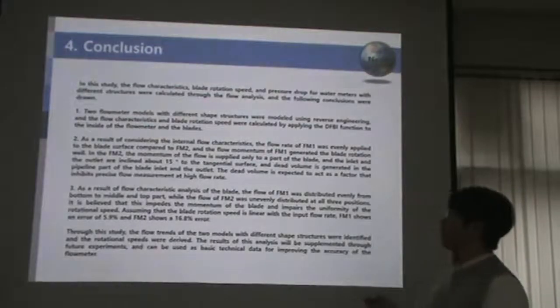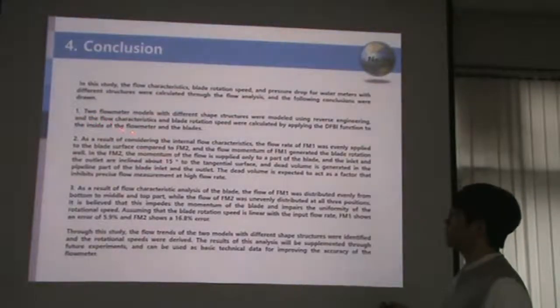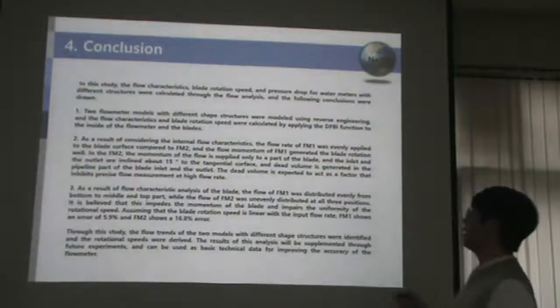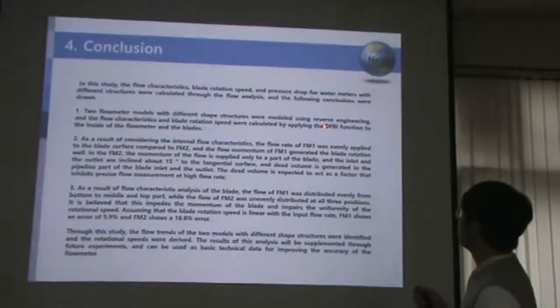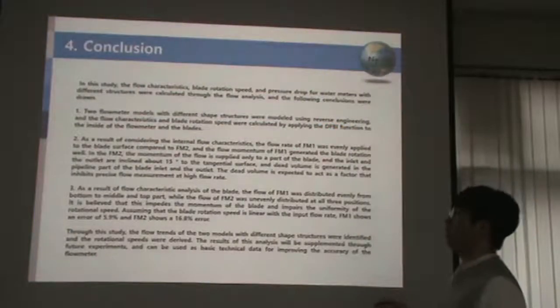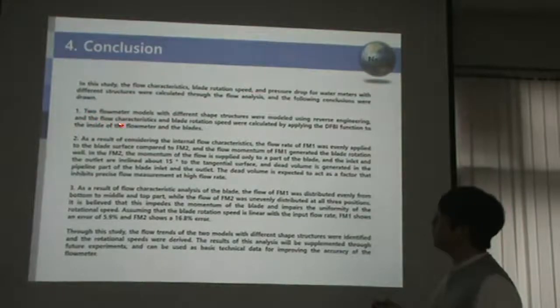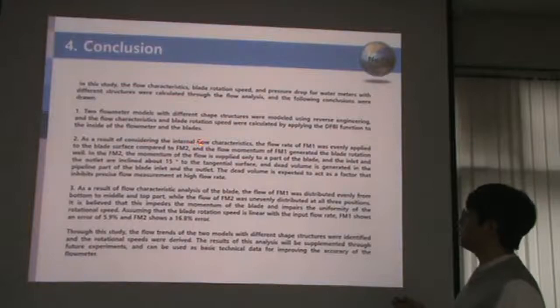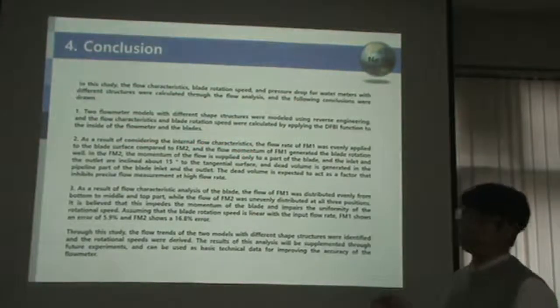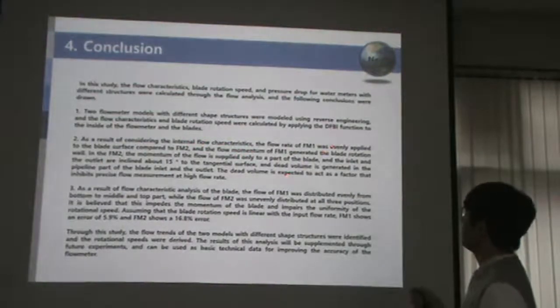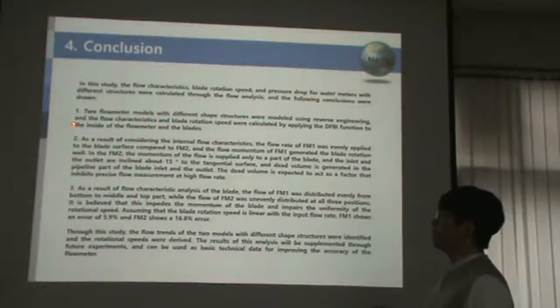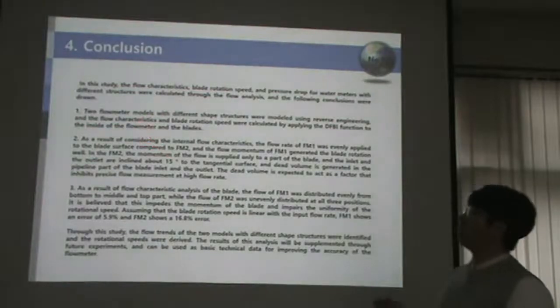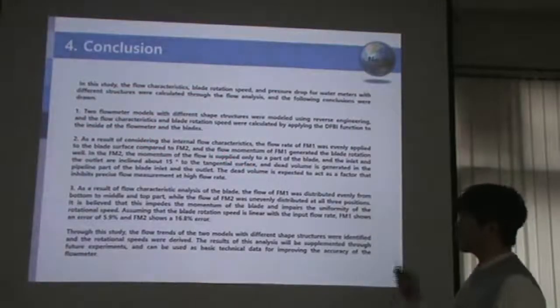Number one, two water meter models with different shape structures were modeled using reverse engineering, and the flow characteristics and blade rotation speed were calculated by applying the FSI function to the inside of the flow meter and the blades.